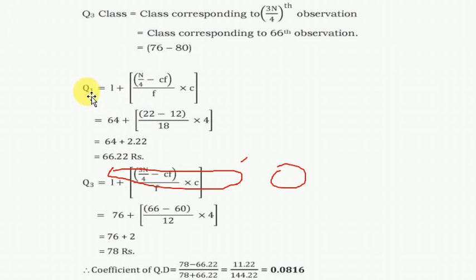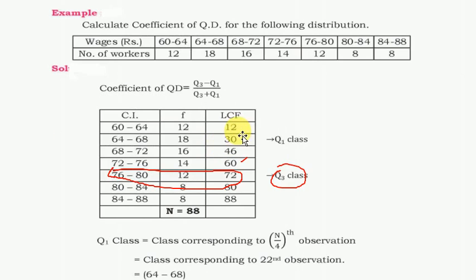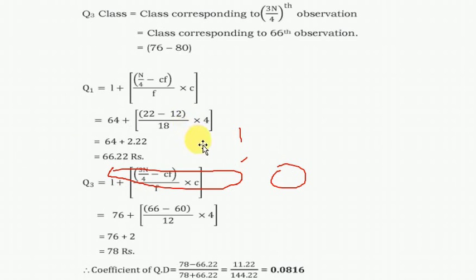Now here Q1 equals L1, we are just given L, plus n by 4 minus CF divided by f into c. So CF I already quoted. So that is the lower limit here, the next lower limit is 12. So 12 is given.